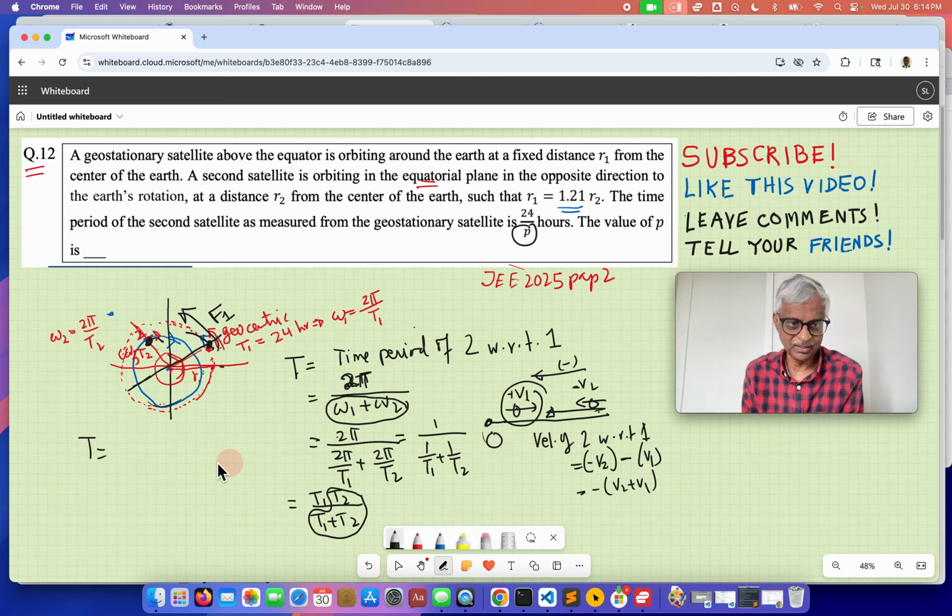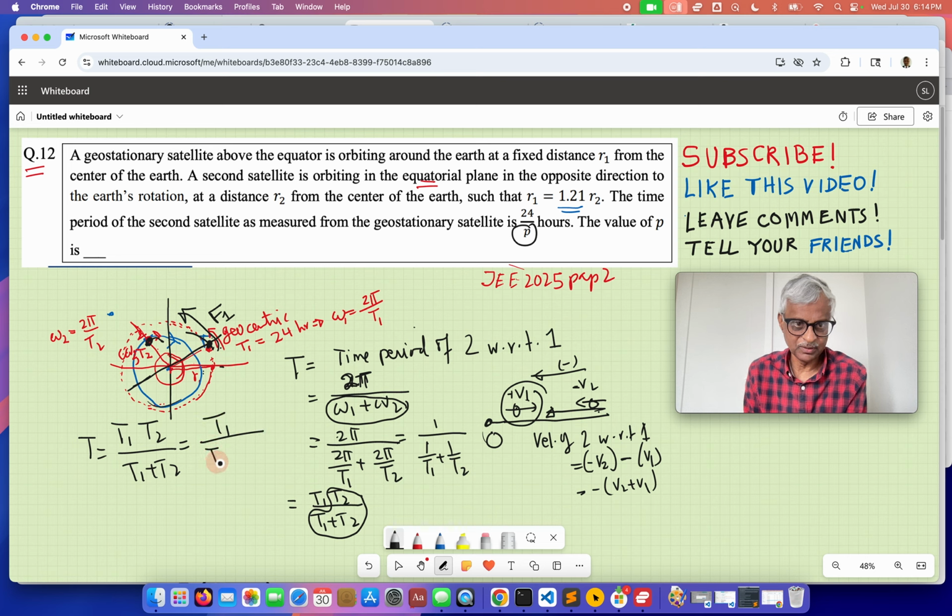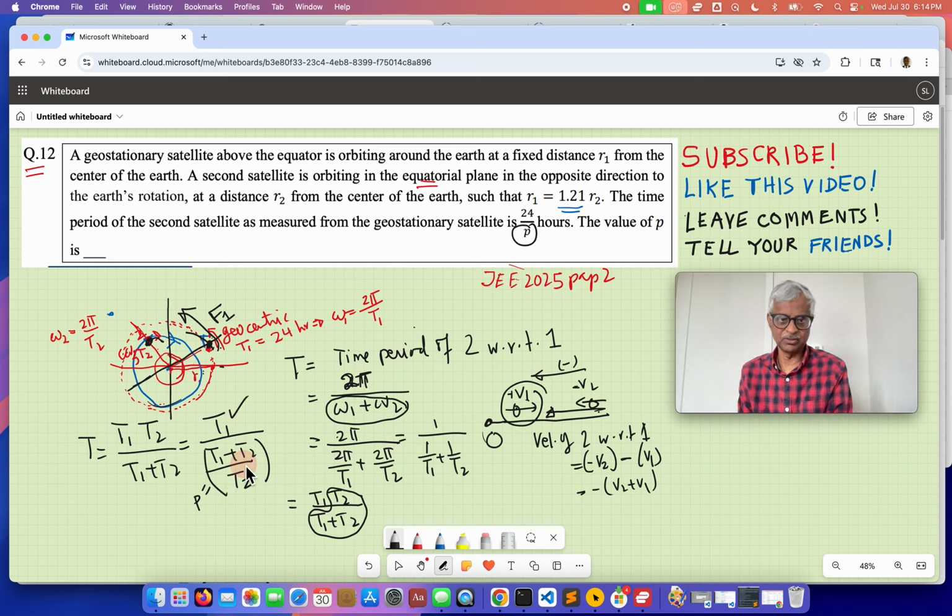So we're supposed to write T1 T2 over T1 plus T2 as T1 over T1 plus T2 over T2, and this is equal to p. T1 is already 24 hours, so we need to figure out the ratio of T1 to T2 and add 1 to it.